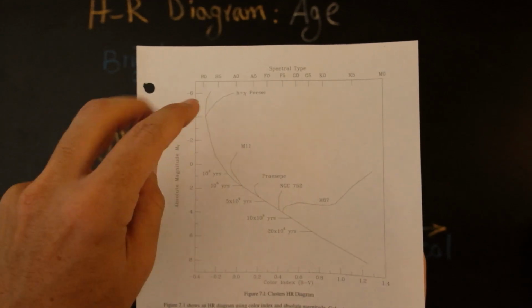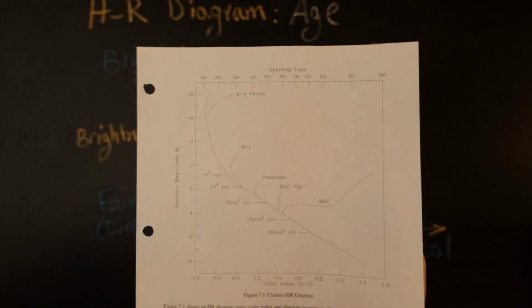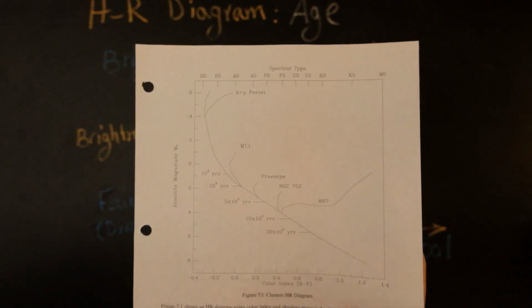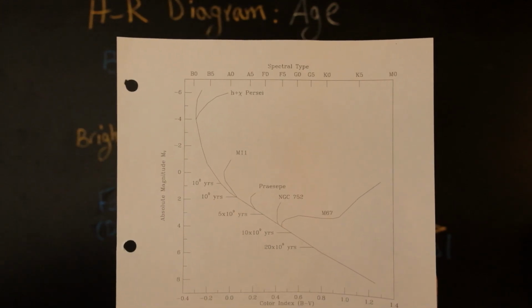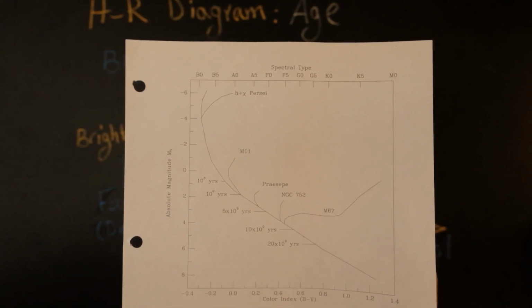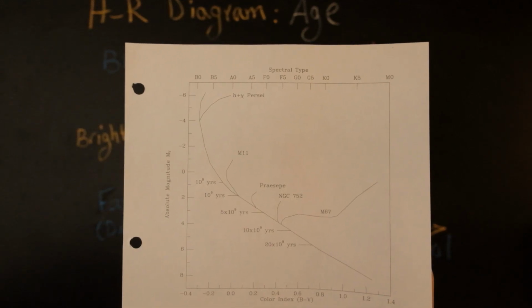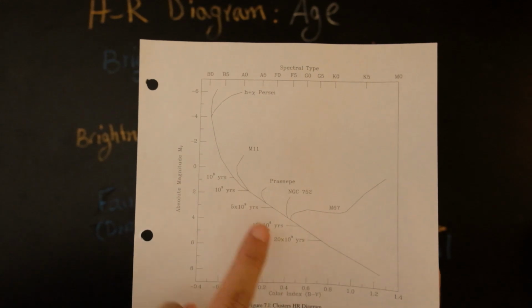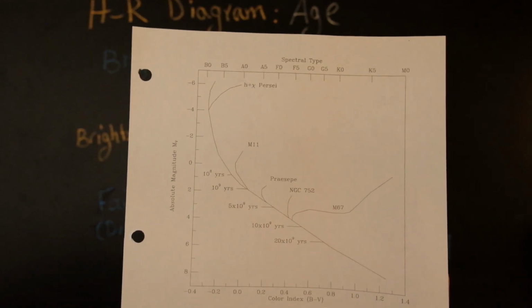You can see a lot of stars have died, they have moved here, and it's around 20 billion years. And you can see this is a strange number because, well, our universe is 14 billion years old, so we shouldn't have stars older than this number. So this is just an approximate number for different ages.